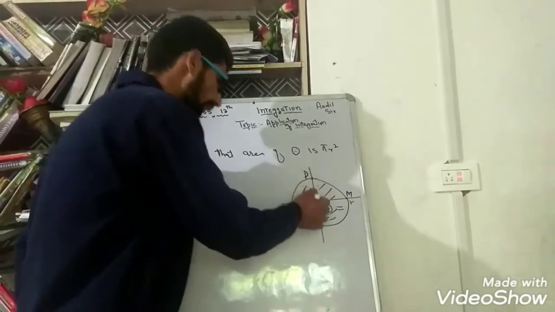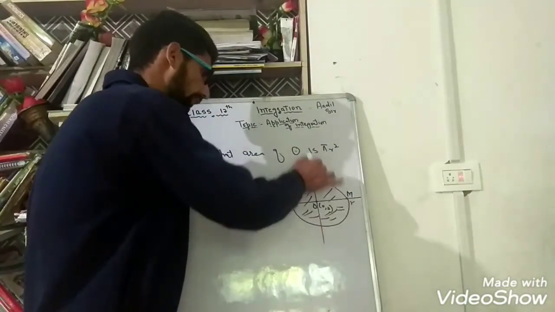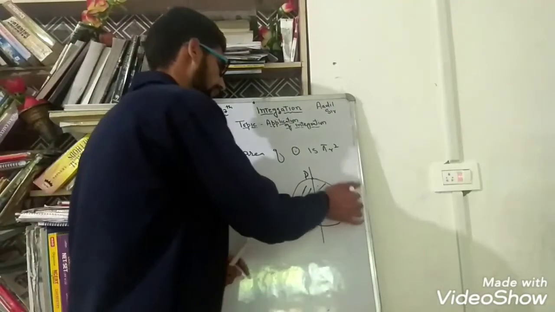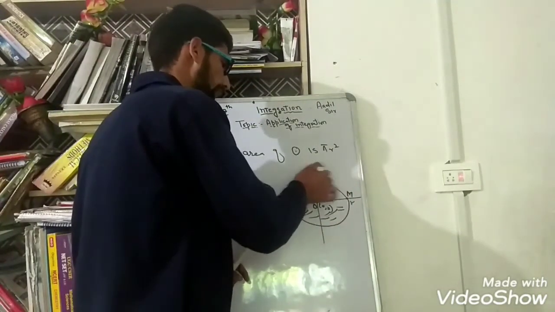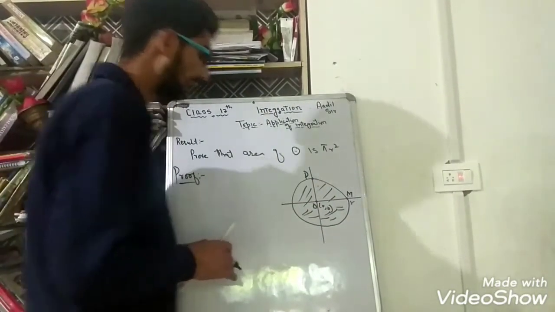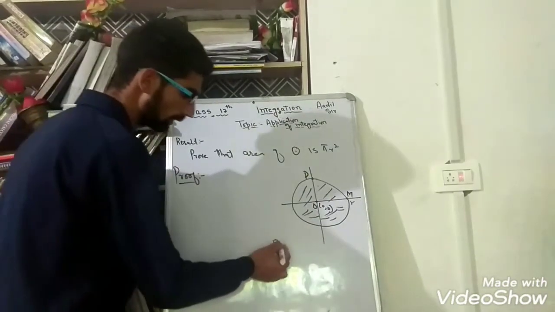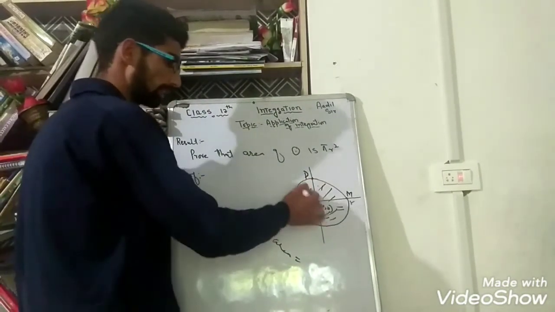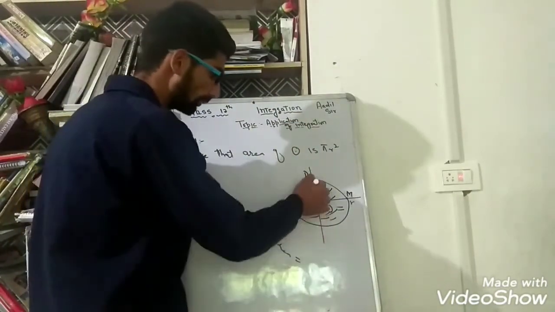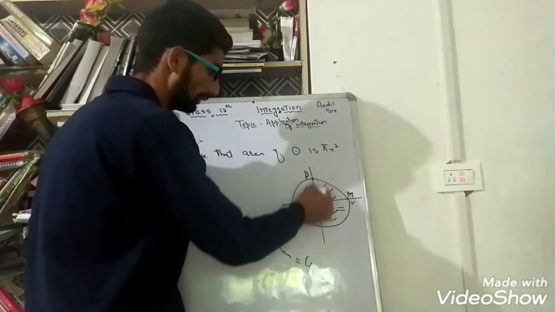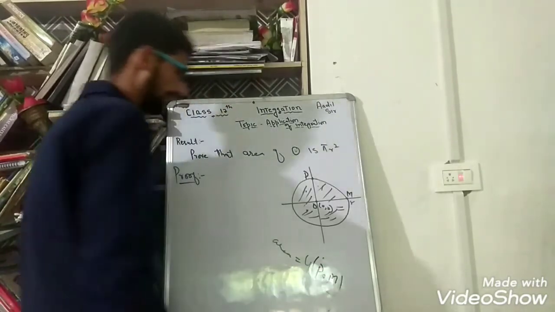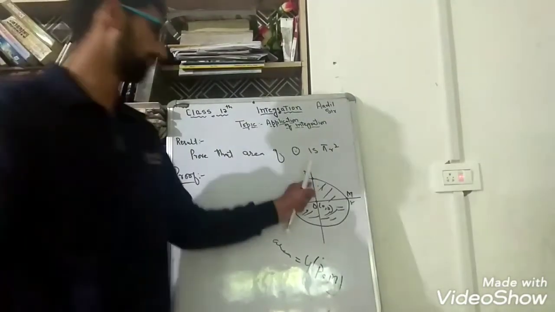So when our center is at the origin, the x-axis and y-axis are perpendicular to each other. Then clearly, all the parts here must be equal. So I can say that the area of the circle is equal to this part plus this part plus this part plus this part, but all the parts are equal. So the area of this circle is equal to 4 times the area POM.